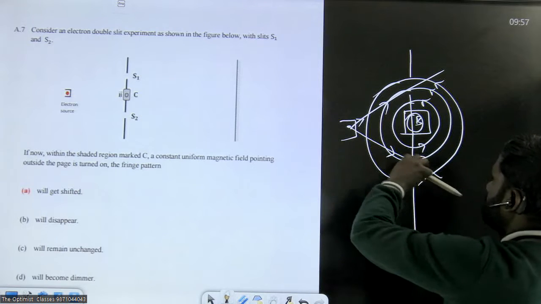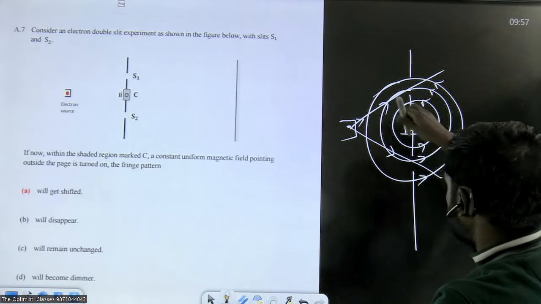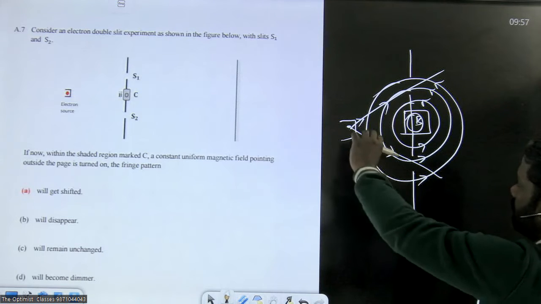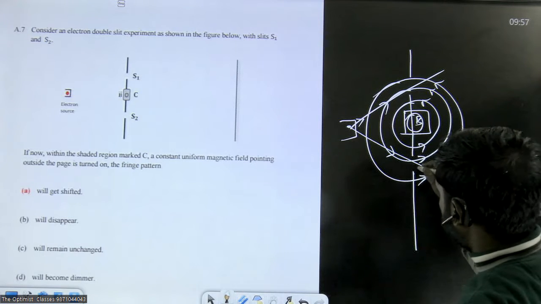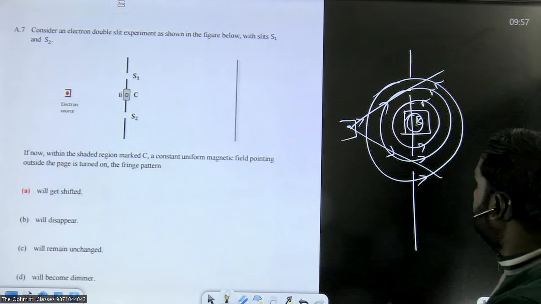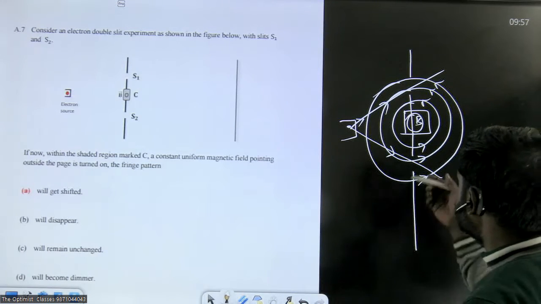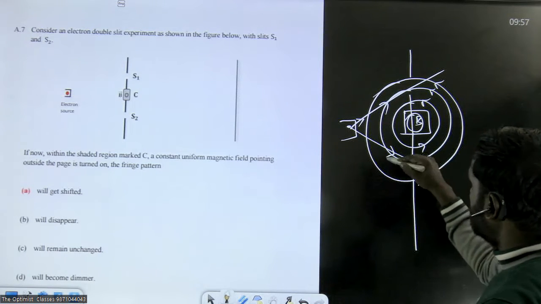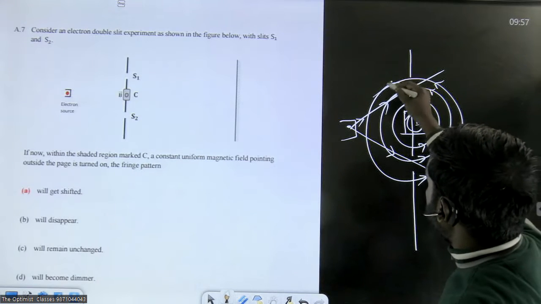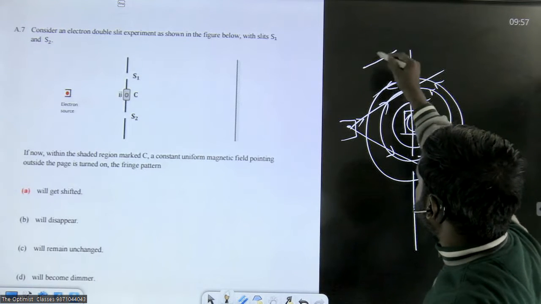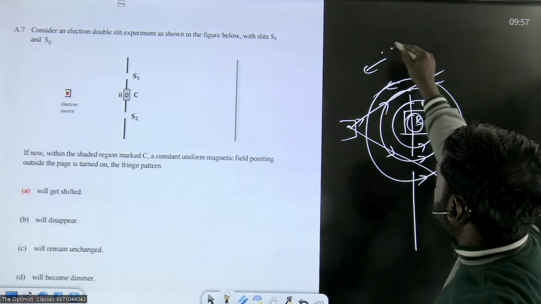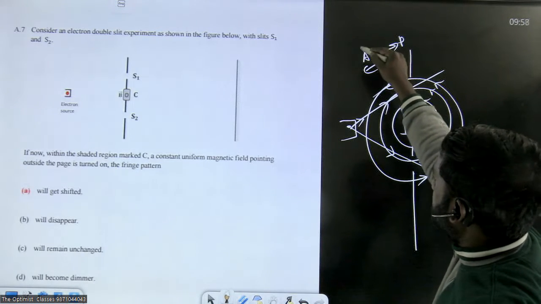So the electron going in this path faces a vector potential in almost the same direction as the momentum of the electrons. We can say here the angle between vector potential and momentum is an acute angle, and here it is an obtuse angle, because the vector potential is in this direction.